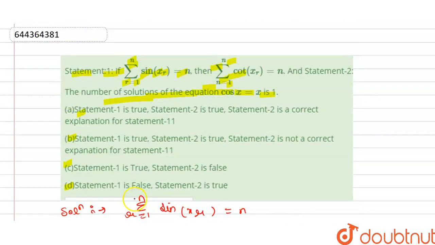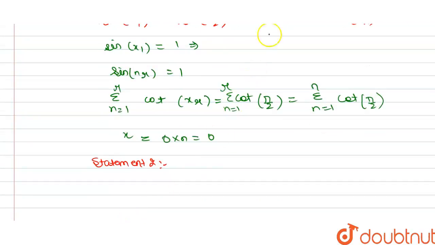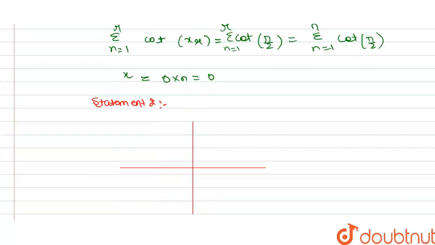Statement 2 is: the number of solutions of the equation cos x = x is 1. So we check statement 2 by drawing the graph of the cos function. The graph extends on both positive and negative axes, first decreasing then increasing, and here is a line that cuts the curve.